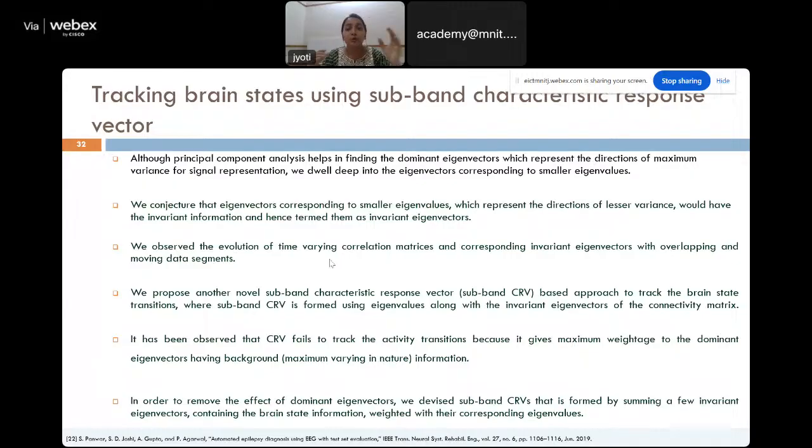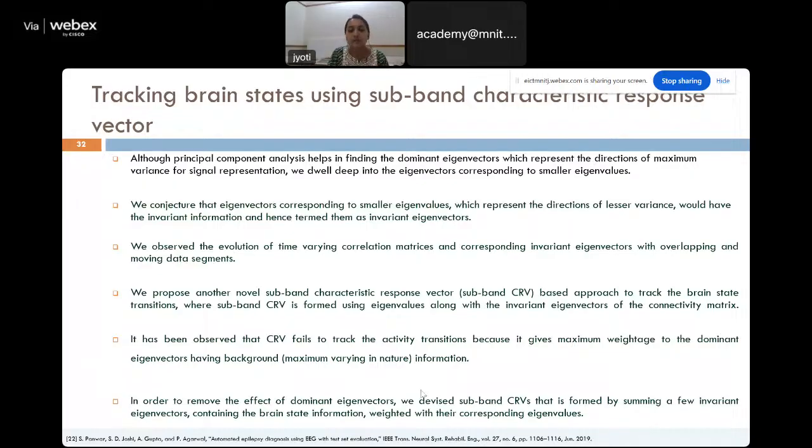So we have formed subband CRV. In subband CRV, instead of summing all the eigenvectors together weighted with their eigenvalues, you choose a continuous block of eigenvectors relevant to that particular situation. In my situation, suppose I am not considering how many eye blinks are there.